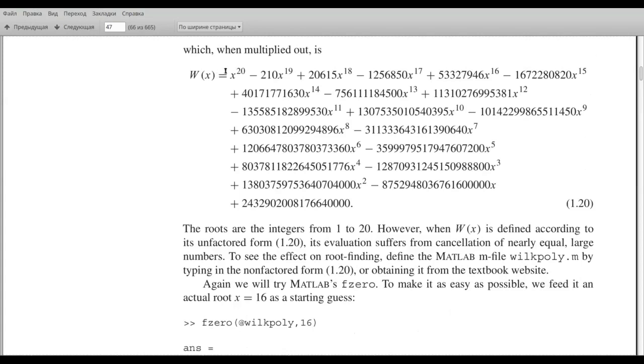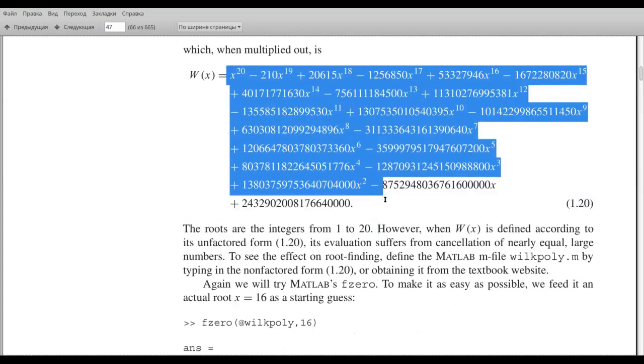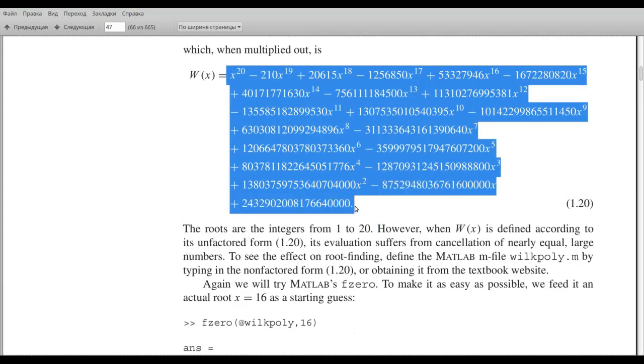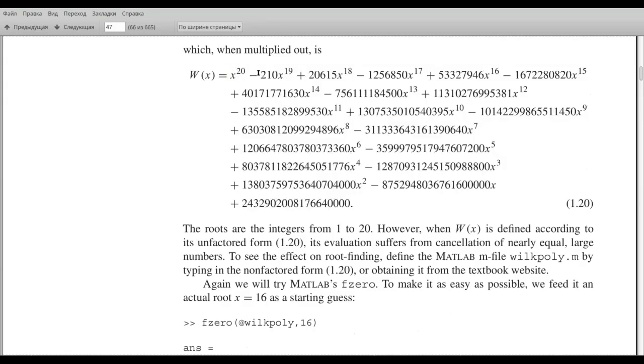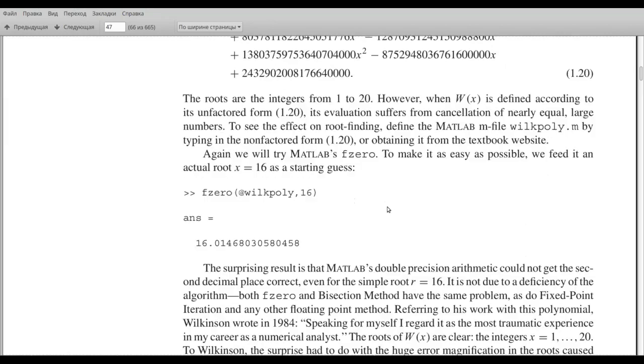But here, in order to get that, for example, 16 is an exact solution, you need to substitute it, and subtract and add all these terms, and this is where you're losing your precision.